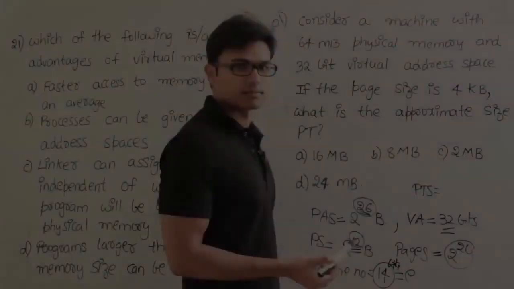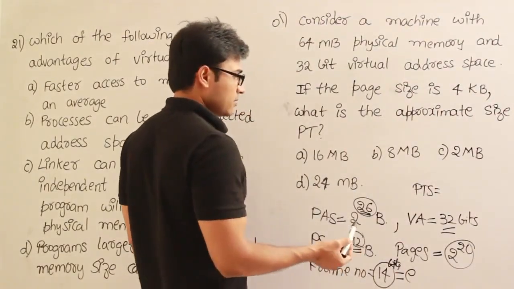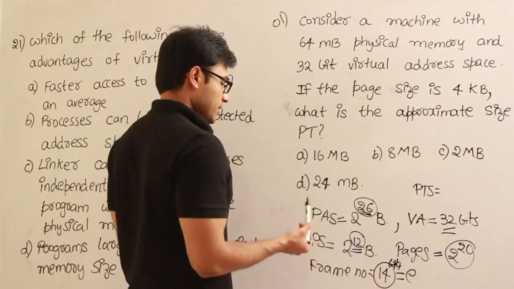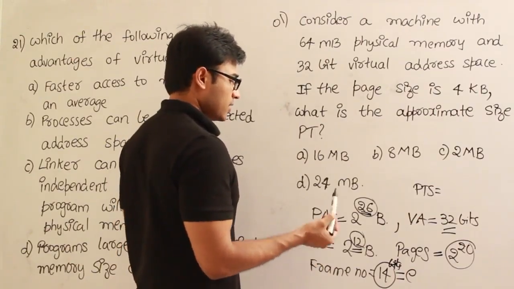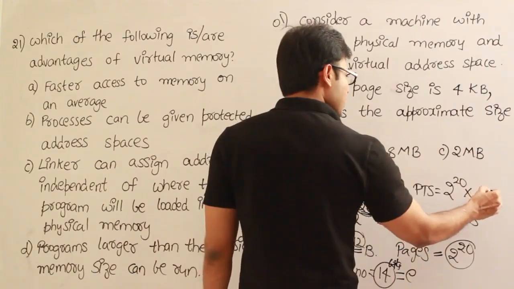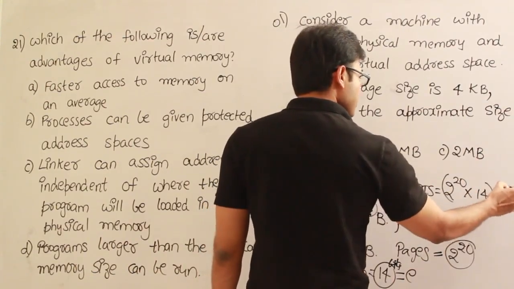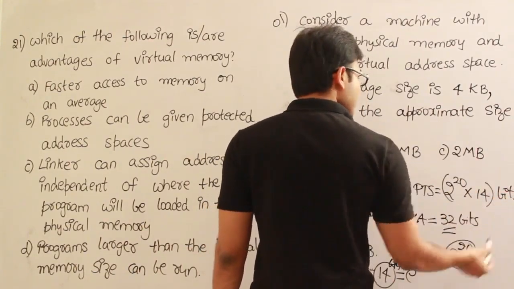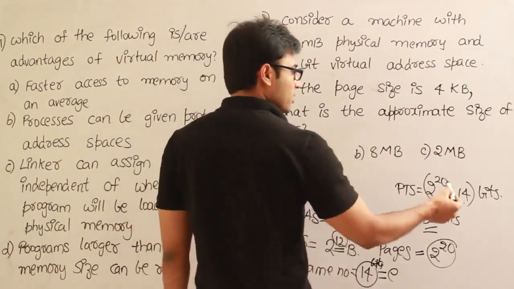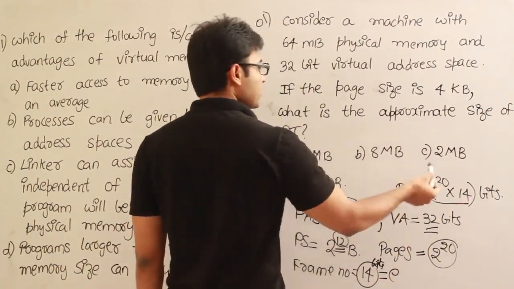Therefore page table size is number of pages into number of bits required in each entry. So number of pages is 2 power 20 and number of bits required is 14. Therefore this is the page table size in bits, which is nothing but 14 M bits. But the answer is given in bytes.